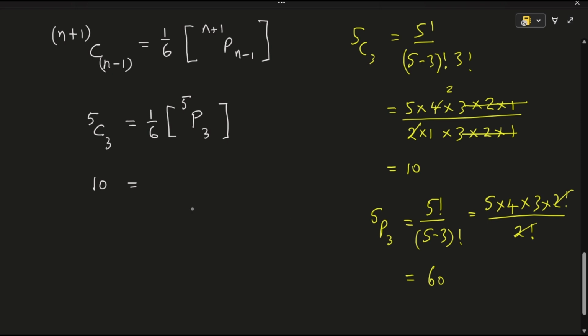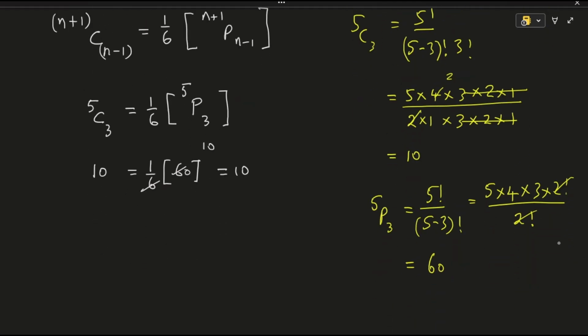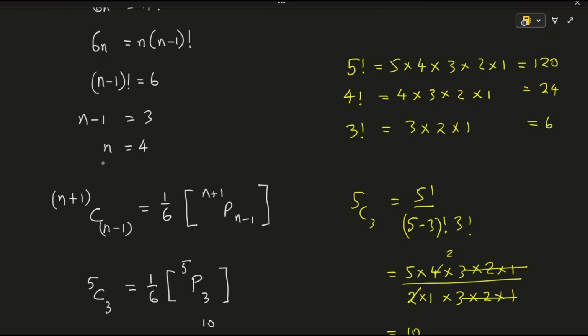So if we do the substitution, we're going to get 1 over 6 times 60, which gives 10. On the right side of the equation too, we have the same answer as on the left side of the equation. So the value that we got for n as 4, when verified, is true for the expression given over here.